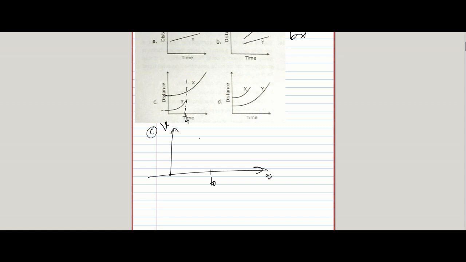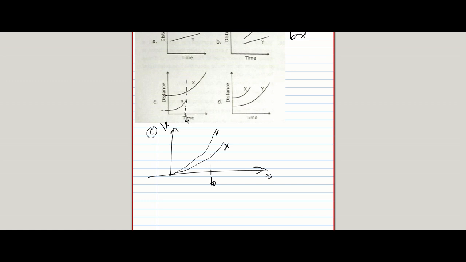So if we draw the velocity time graph, for y first the slope is more, which means it will be like this, or maybe a straight line, we don't know.